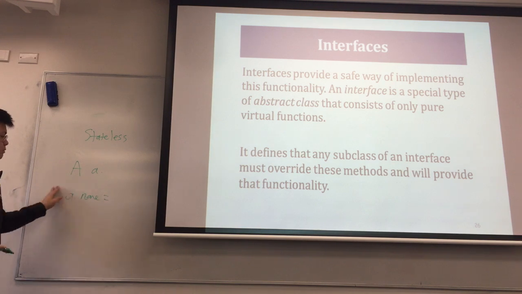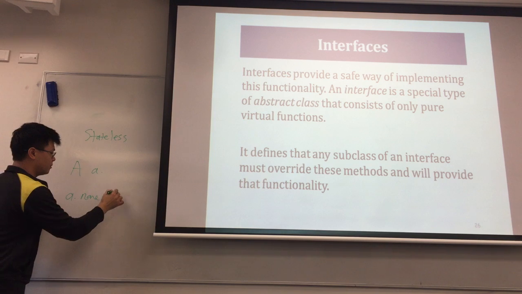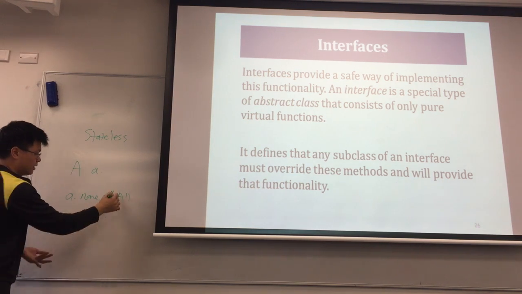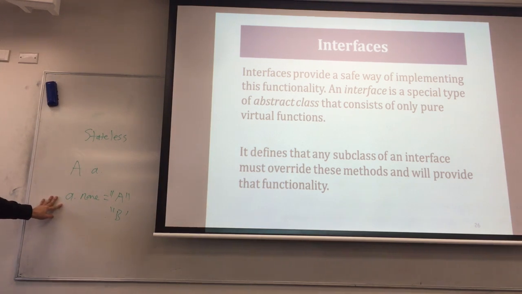It is mutable, and it has a state. So it can have a state of having a name A. When you change name A to B, then the state of this instance changes. But an interface is stateless, so you cannot change anything.